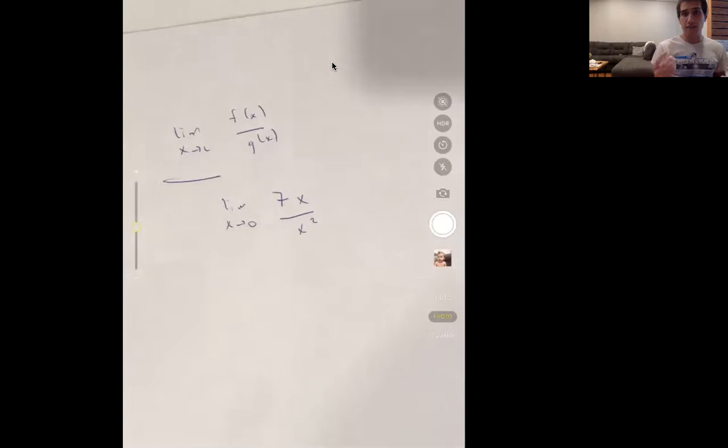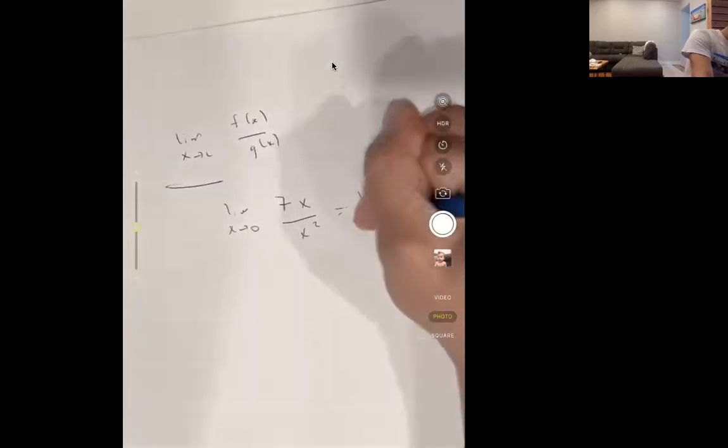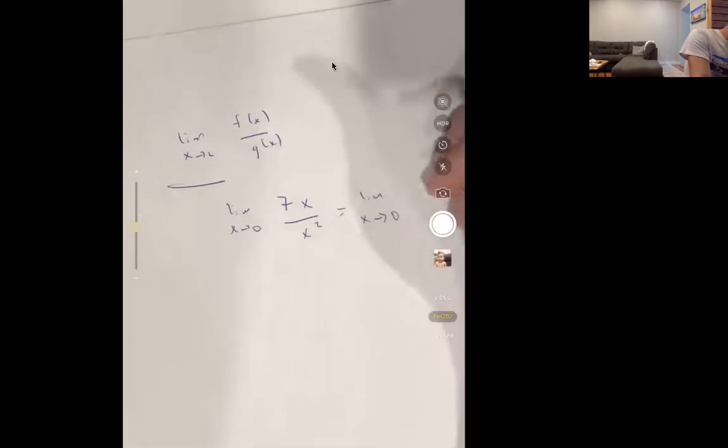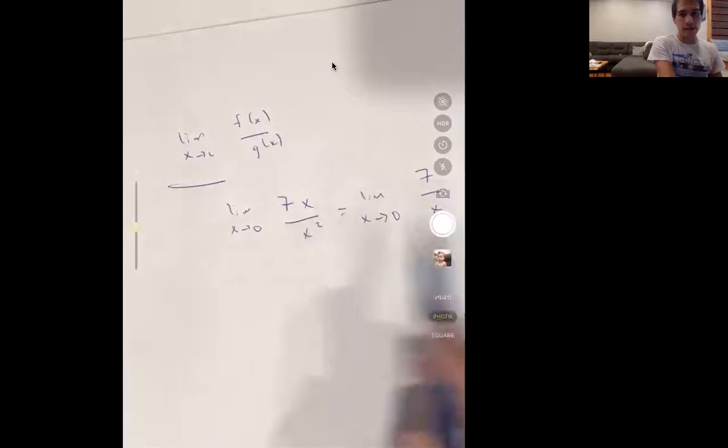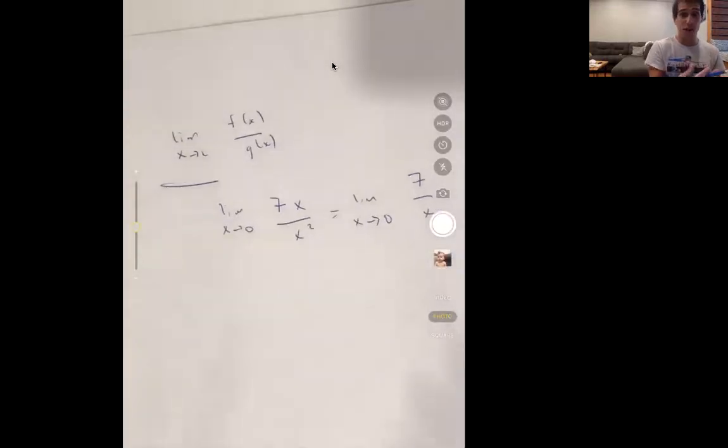So this function is undefined at x equals 0, but everywhere else, it is the same exact function as if I cancel the x's, right? At 0, both of these functions are undefined, and everywhere else they take the same value. So 7x over x squared and 7 over x are exactly the same function. So this is the same limit. And so I can ask, what is this limit? Well, it's 7 and it's getting divided by something very close to 0.